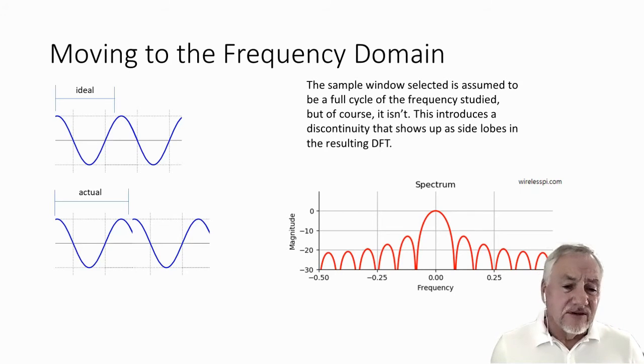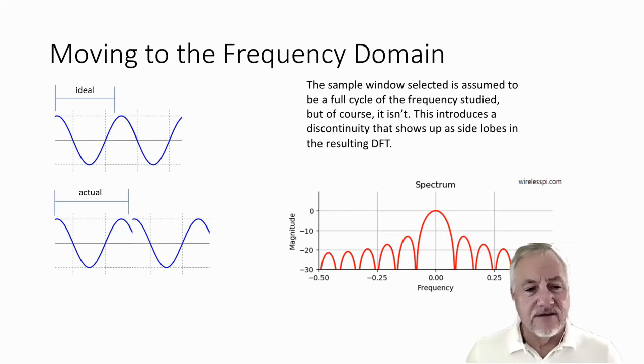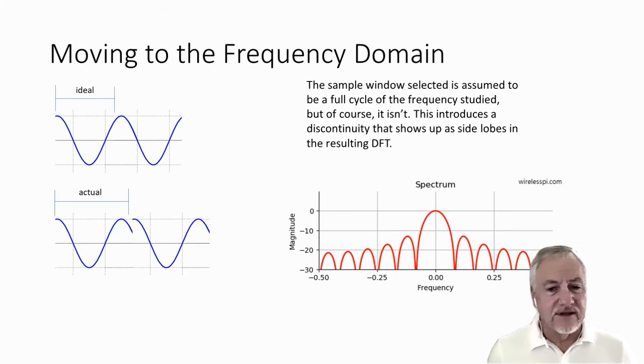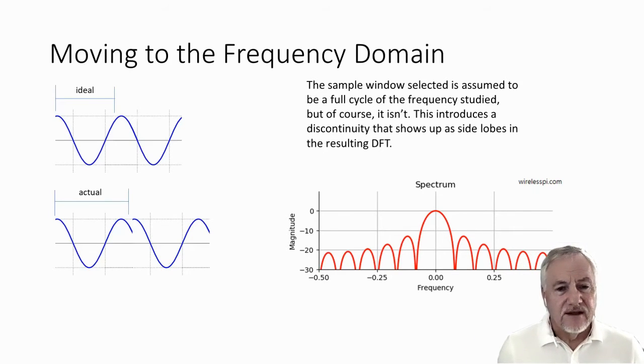So what happens is we get many frequencies that aren't a full cycle. They're either more than a full cycle or less than a full cycle. And when that happens, we get a discontinuity, like the lower left in the chart on the left. So the result of that discontinuity in the mathematics yields what we call side lobes.